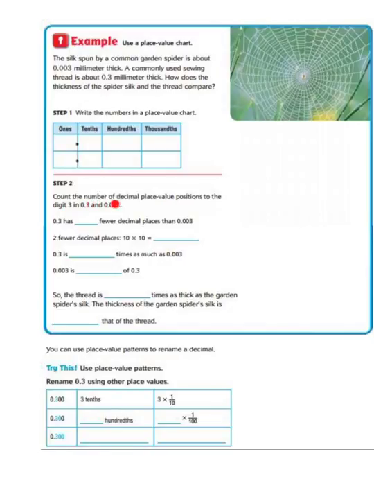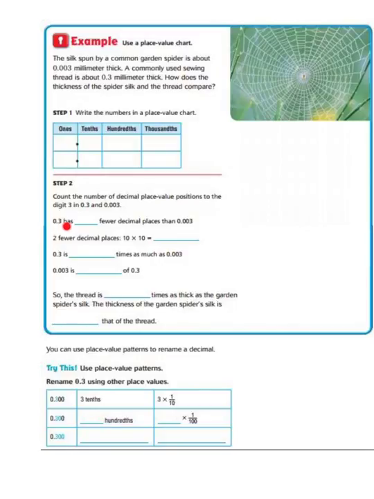So we count the number of decimal place value positions to the digit 3 in 3/10 and 3/1000. So 3/10 has one place value to the right of the decimal, and 3/1000 has 1, 2, 3 place values to the right of the decimal.